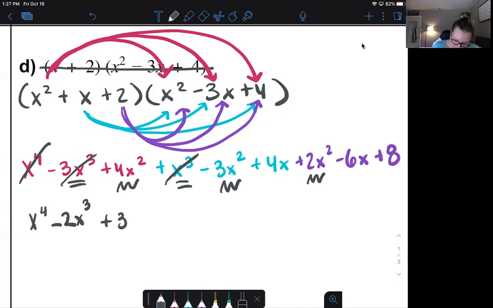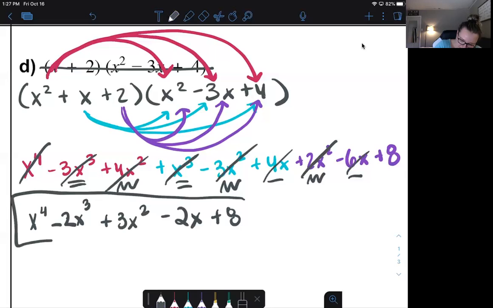So we would get 3x squared. Then 4x minus 6x is negative 2x. And then we're left with plus 8. So our final answer is x to the 4th minus 2x cubed plus 3x squared minus 2x plus 8.